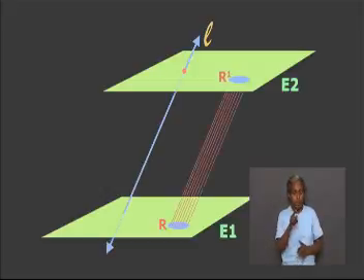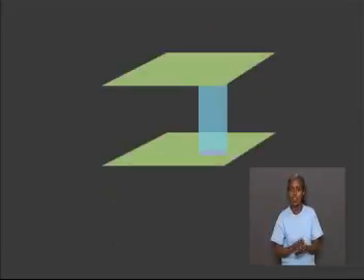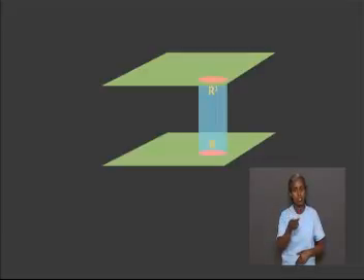If we were to draw parallel lines connecting these two regions, we would have a cylinder. For this cylinder, the region R is called the base, and R1 is called the upper base.